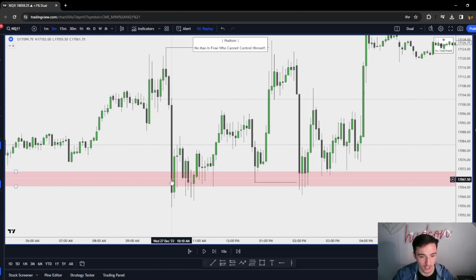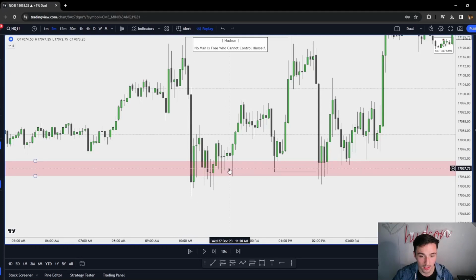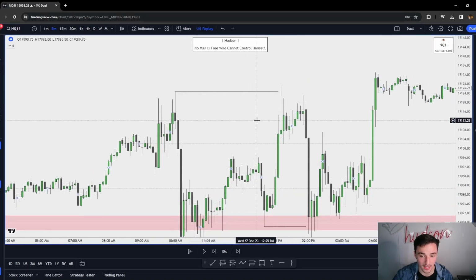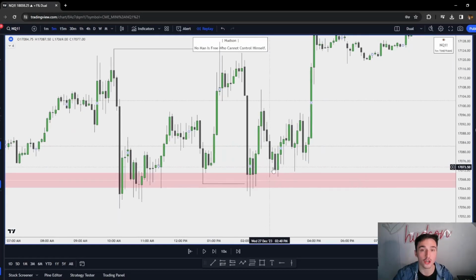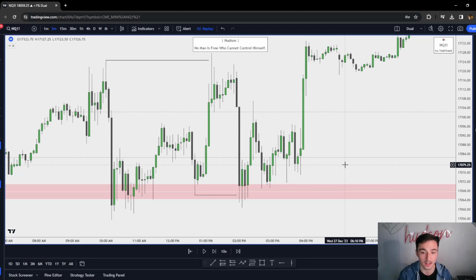We dump straight to it, but not through it. We hold it. Come out of it, come back in, displacement out to take this high, displacement lower, not through the fair value gap though. That is showing you that the draw is still higher. Are you understanding how to find the draw and why this is so simple? It's all about the fair value gaps, and if they are holding, the draw becomes either higher or lower.